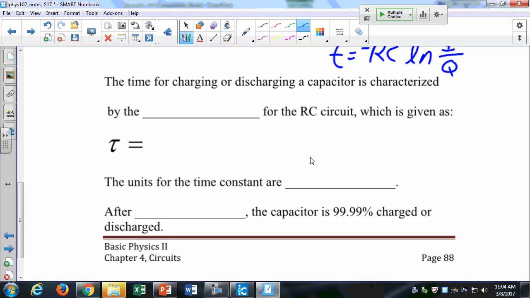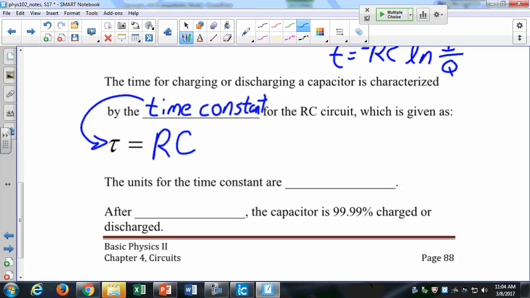The time for charging or discharging a capacitor is characterized by something we call the time constant. The time constant is the Greek letter tau, and it's equal to the resistance times the capacitance of the circuit. The units for the time constant, it's a time, so it's equal to seconds.